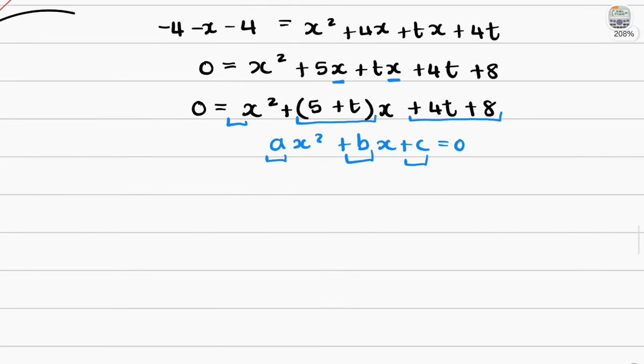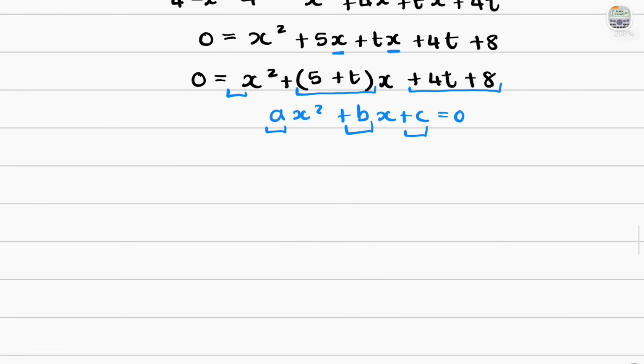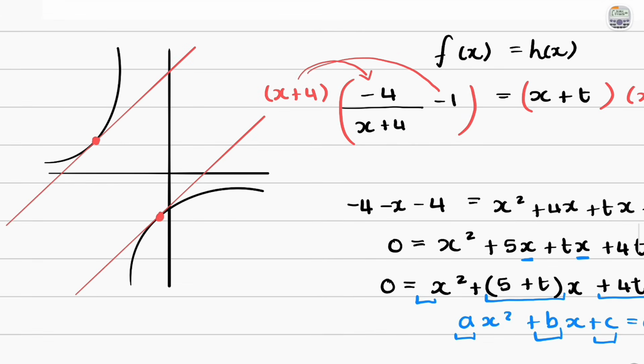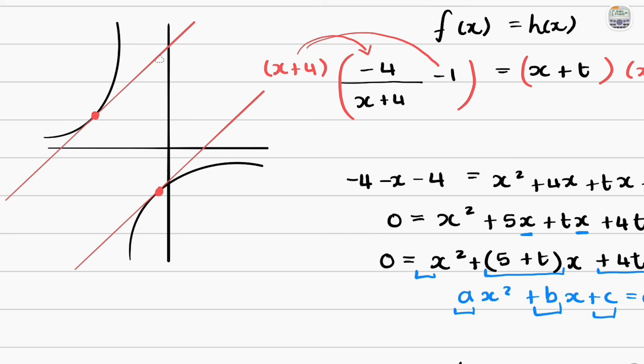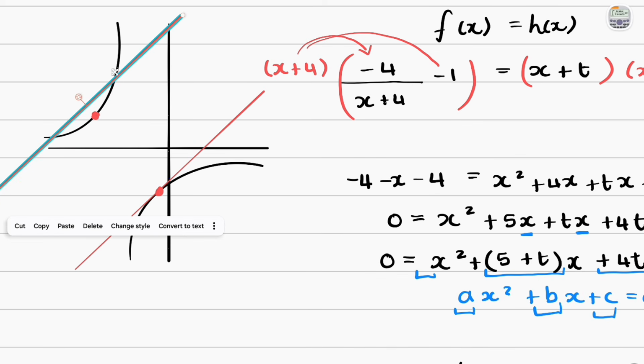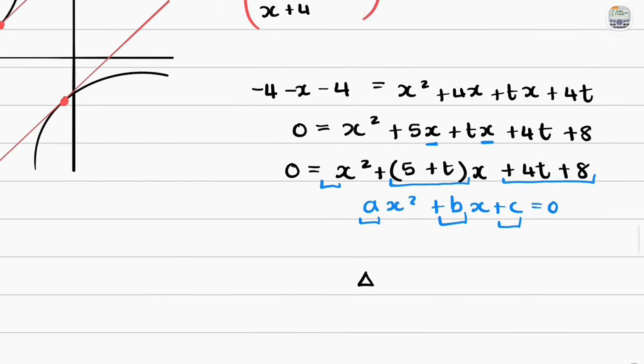We're going to ensure that for this quadratic equation, the discriminant will have one root. We want to find out the values of t for which it will be a tangent to the graph of h. So it intersects at one place. We don't want it to intersect like that, by having 2 points of intersection.